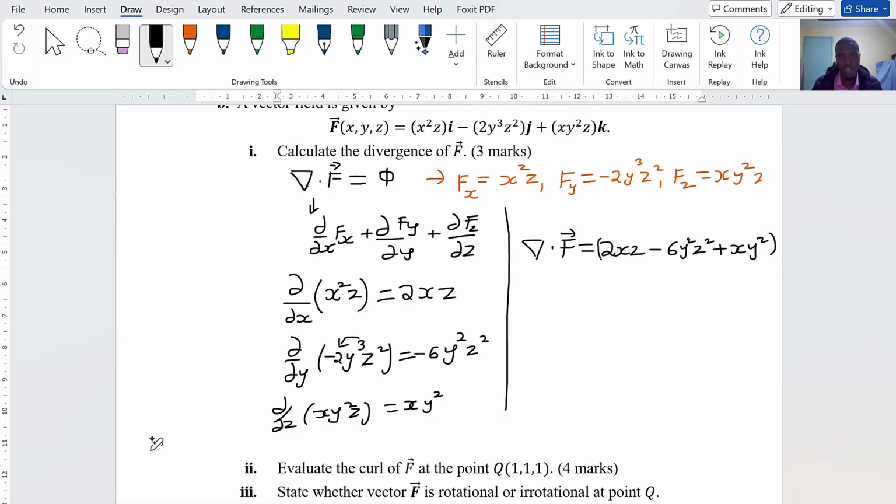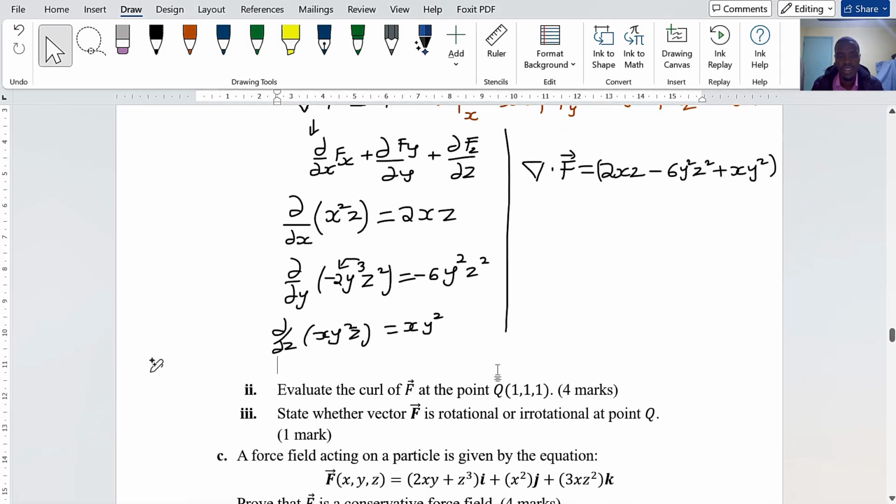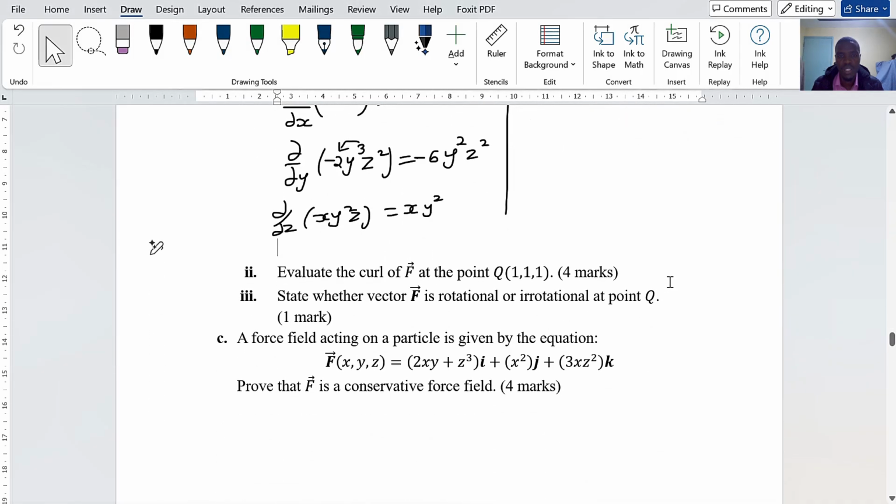So that is our scalar that comes after we find the divergence of f. The divergence operates on the vector and you get the output as a scalar. So it's just the dot product. Now we move to Roman 2 of that question.